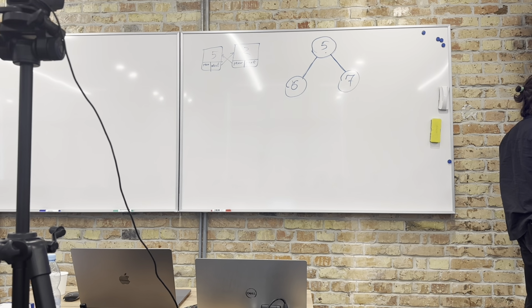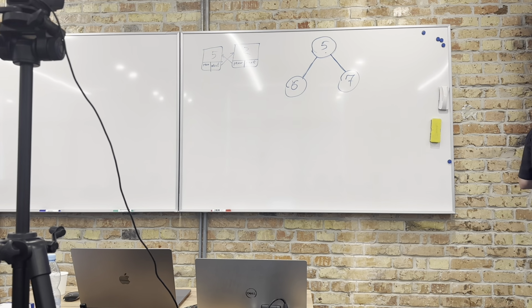And a tree has a depth. So you can see that depth is like the height of the tree. The height of the tree is calculated by the deepest element.